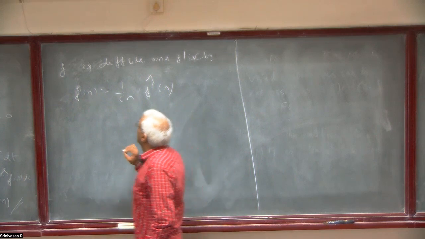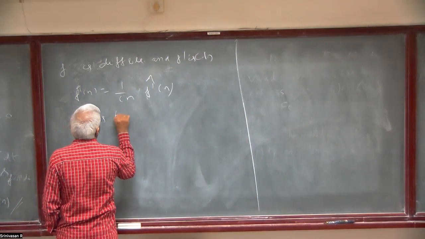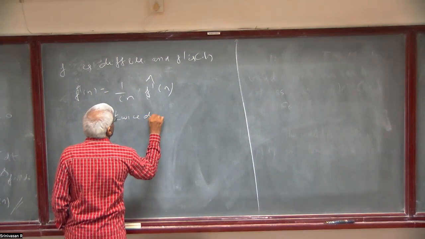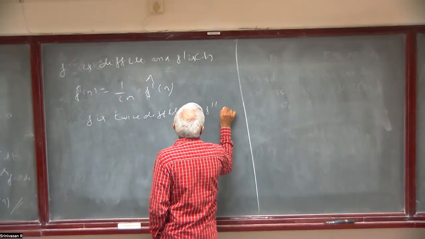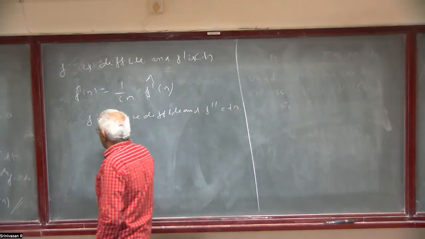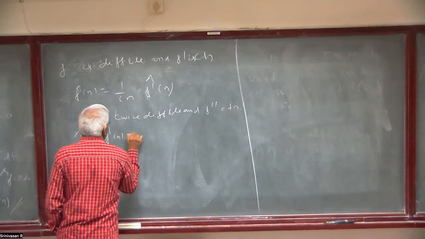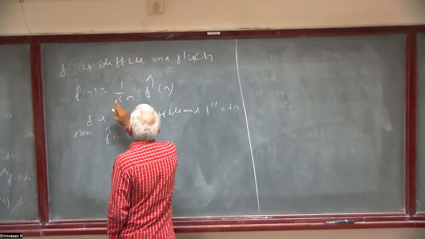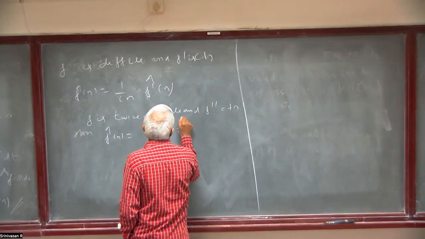And in particular, if f is twice differentiable and continuous, and f double prime is continuous, then f hat n equals minus 1 by n square times f double prime hat.